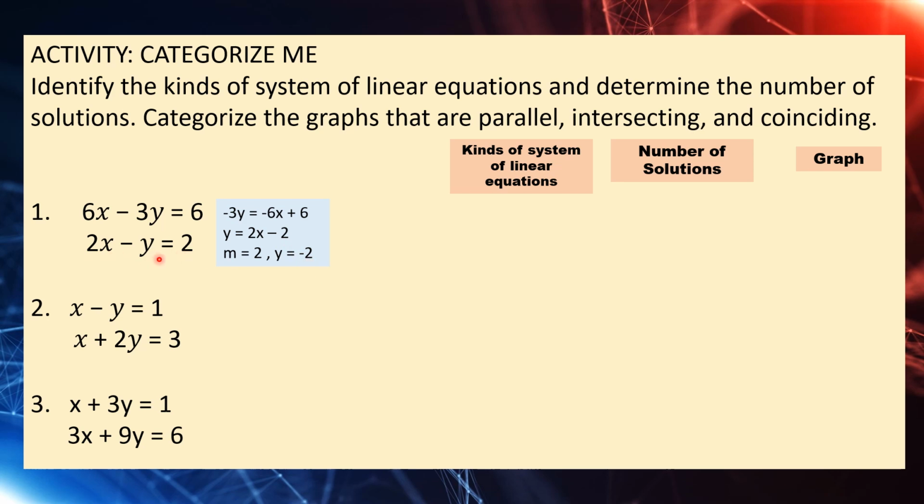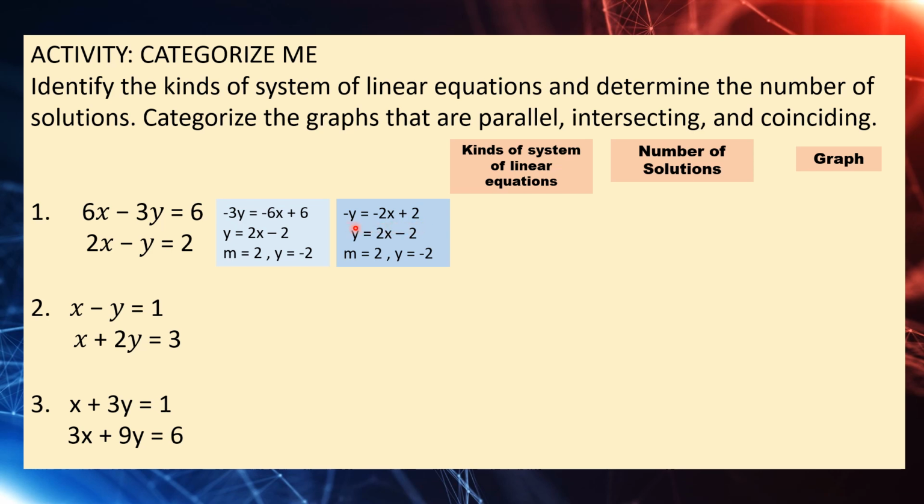And for this equation, 2x minus y equals 2, we transpose positive 2x to the other side of the equation. So it will become negative y equals negative 2x plus 2.